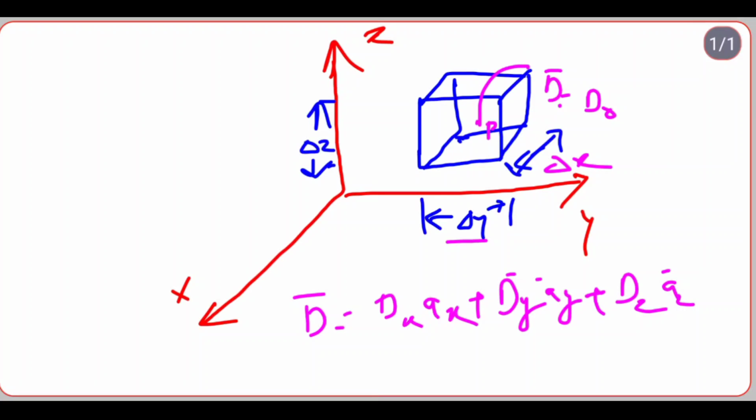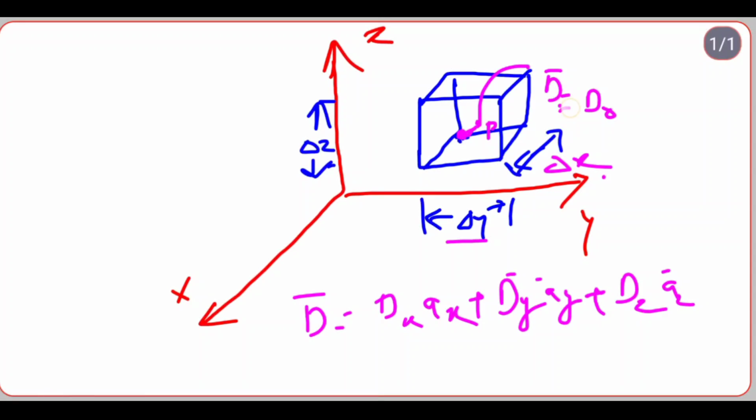Now we consider the closed Gaussian differential surface in the form of a rectangular box, which is a differential volume element. The sides of the element are delta x, delta y and delta z. The position of this element is such that the point P is at the center of the element, and is treated as the origin.